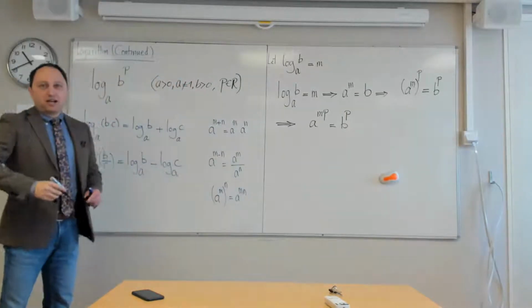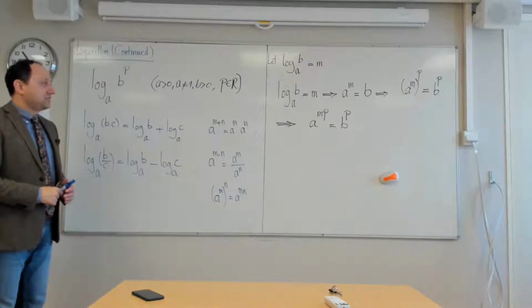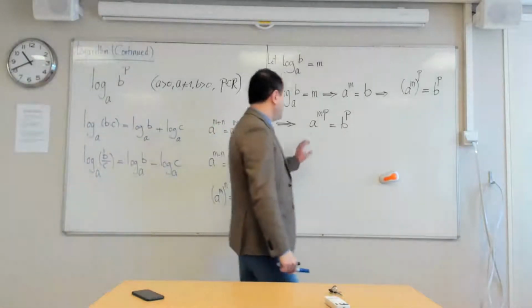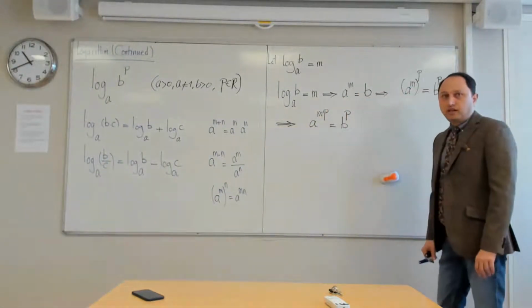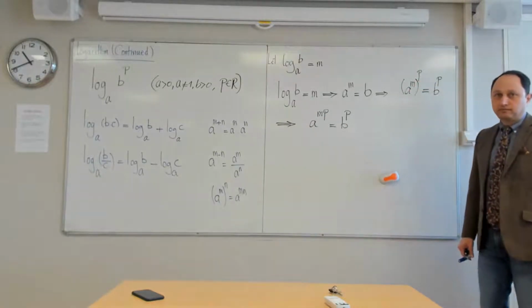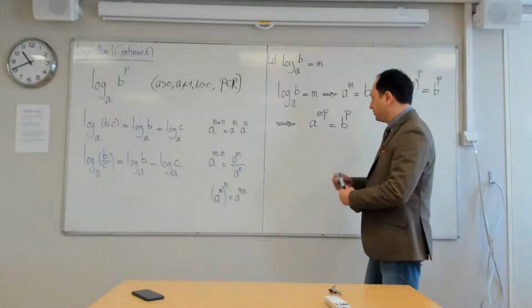Now, based on my experience, I think that some students get a little bit confused somehow. Can I write this in a logarithmic form? Can you help me to write this in logarithmic form? So let me write something for you here.